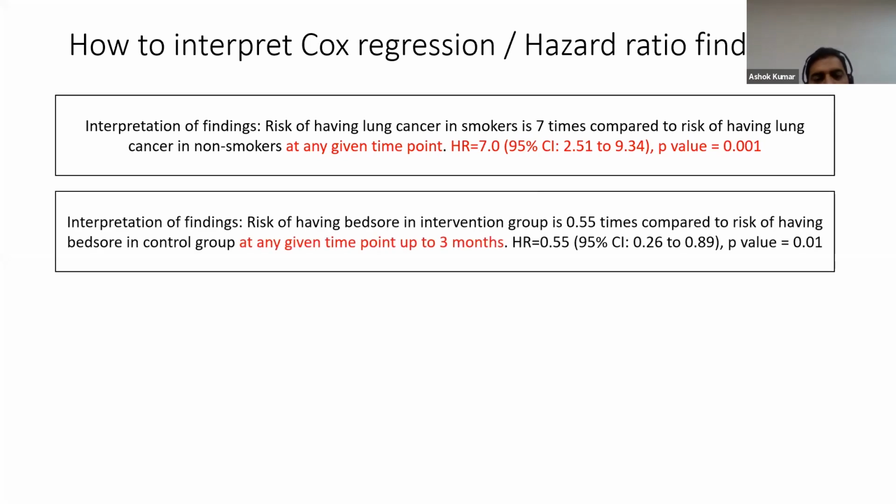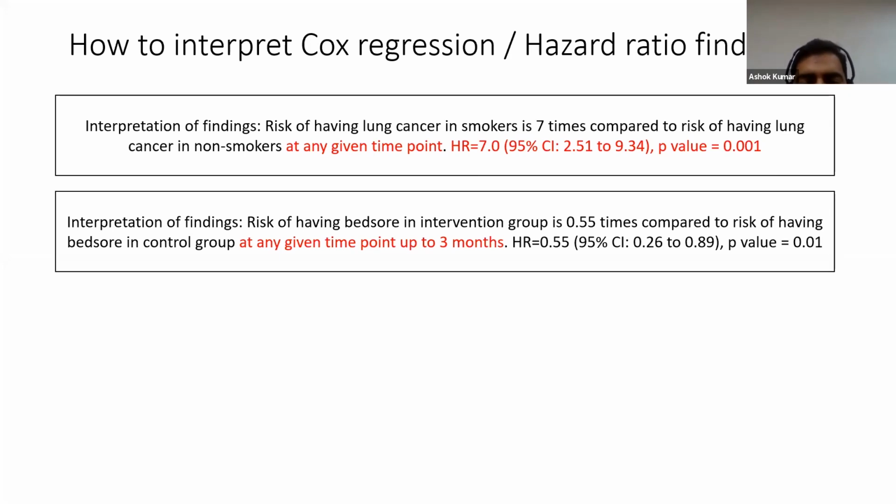Now, bed sore study. Risk of having bed sore in the intervention group is 0.55 times compared to risk of having bed sore in the control group at any given time point up to 3 months, because I did only 3 months follow-up. I cannot say what the hazard ratio is at 6 months.